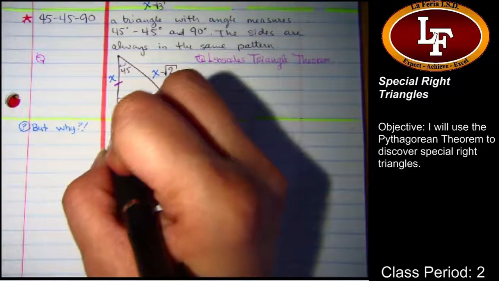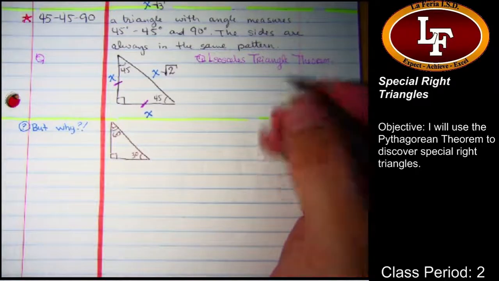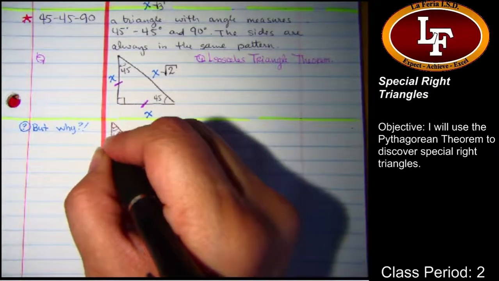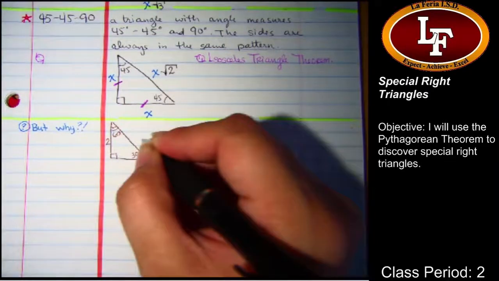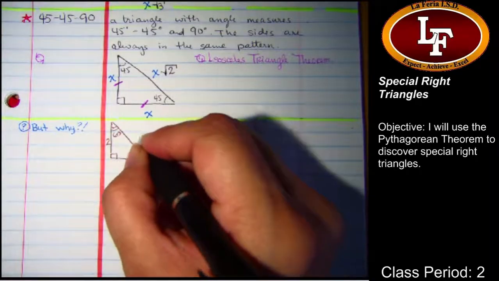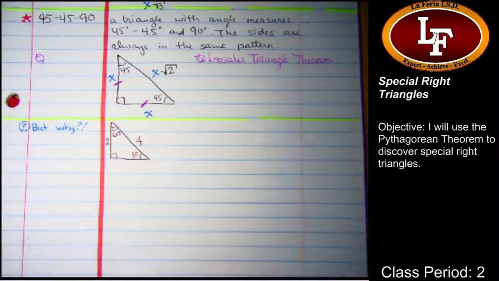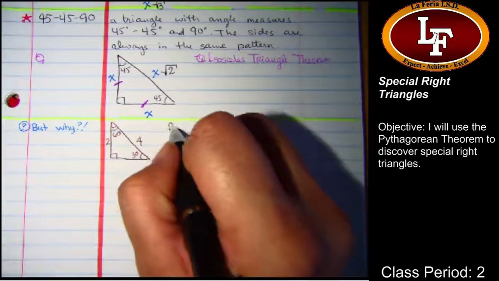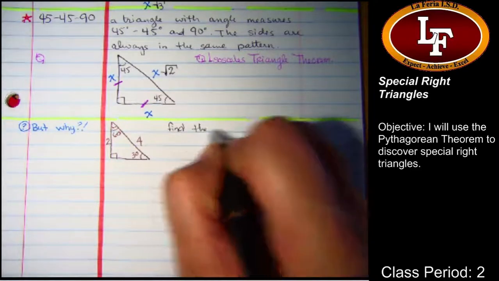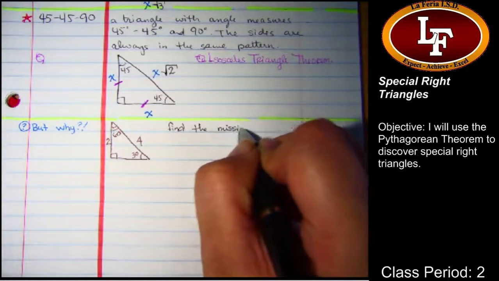And make this one a 30, 60, 90, please. This side is going to be 2. Make this side 4. And then we don't know what this other missing side is. And so the directions for us becomes find the missing side length.